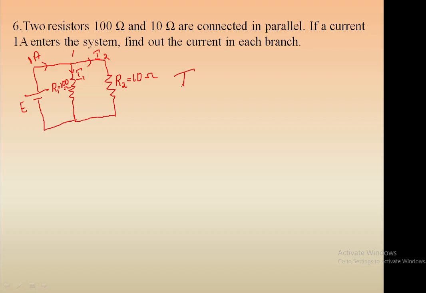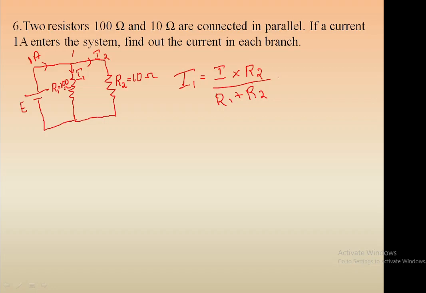So let us write, first we have to find I1, the current through the 100 ohm resistance, that is main current I into the resistance in the other branch, that is R2, divided by R1 plus R2.